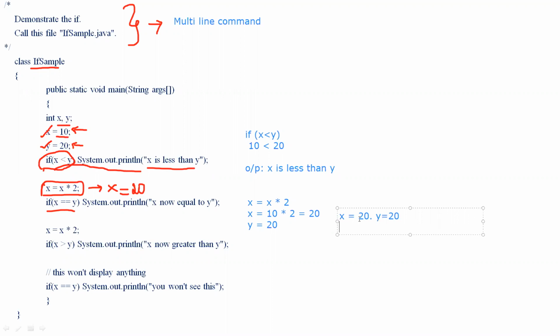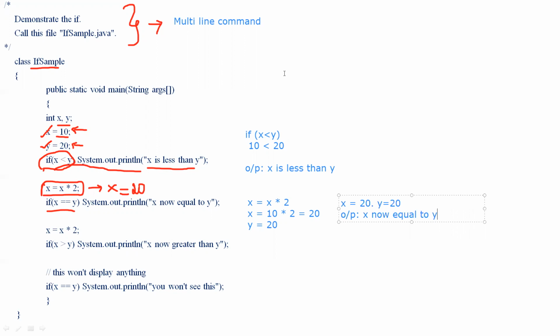On executing this if condition, that is if x equals y, we need to print x now equal to y. So the output will become x now equal to y. This is the output on checking with the if condition and generating the given printf statements.